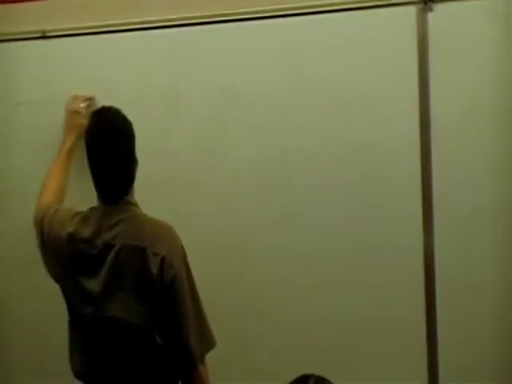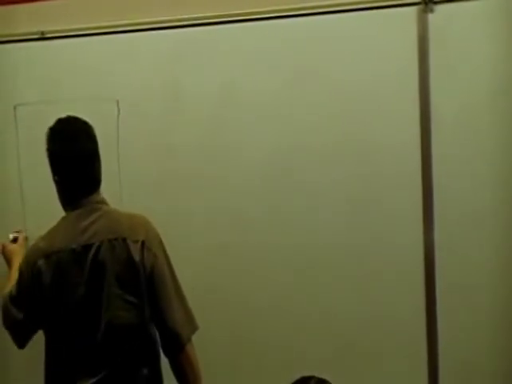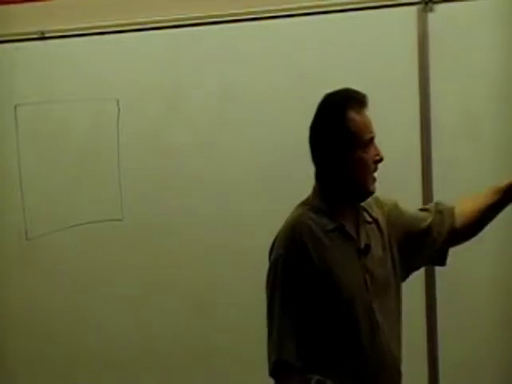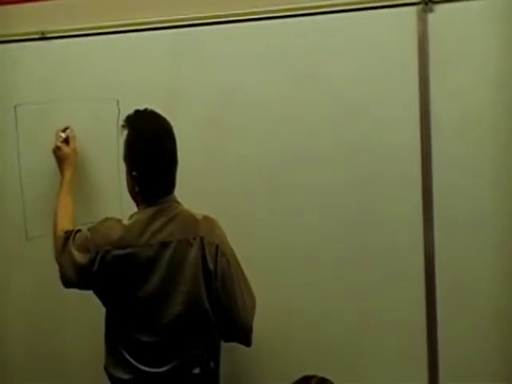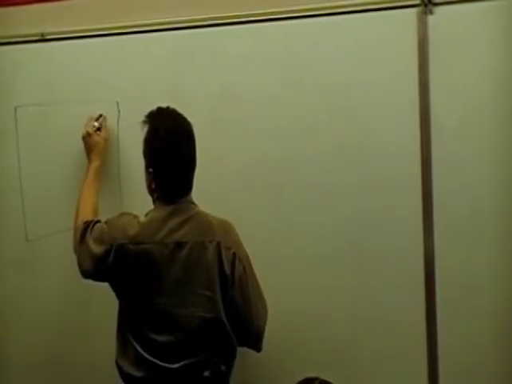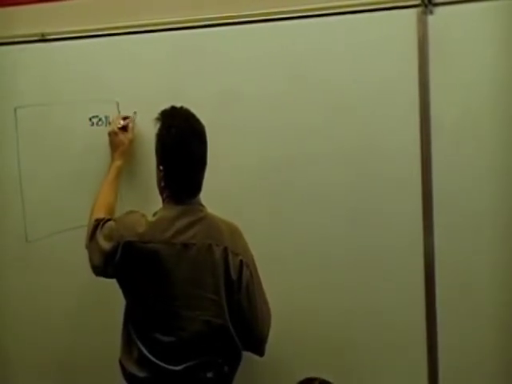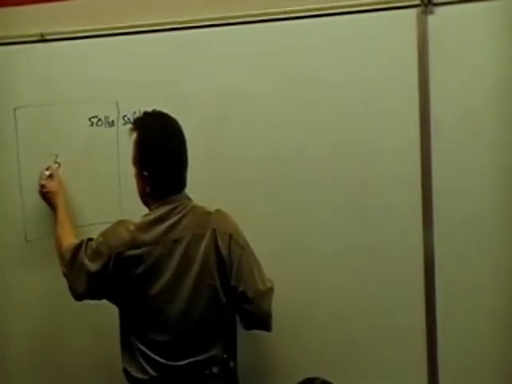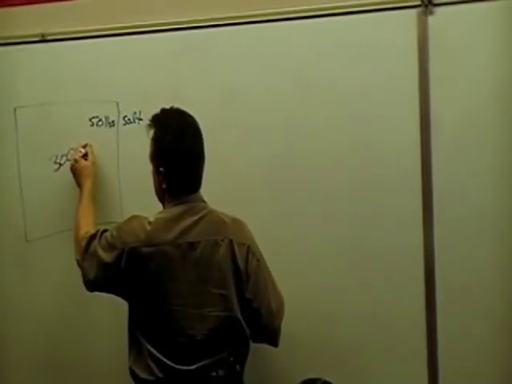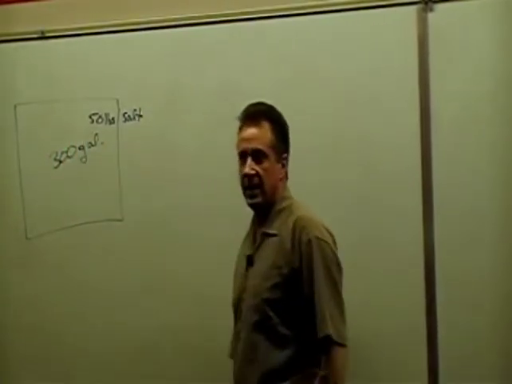There's my tank. In this tank, I initially have 50 pounds of salt dissolved in a tank with 300 gallons of water. So we have 300 gallons in this tank initially.